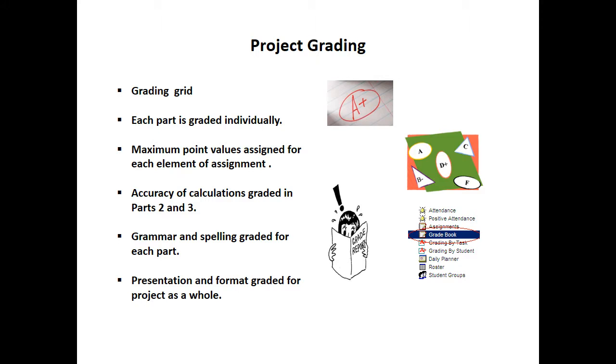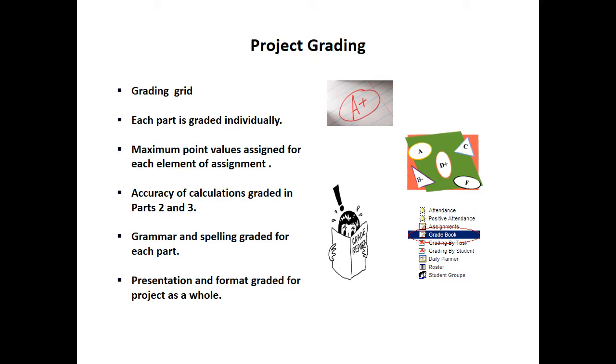For each component, there is a number in parentheses. That is the maximum points you can get for each part. To give an example, what type of stock does your company issue? This is part 4. That is 1 point. If you don't answer that, of course, you will get no credit, or a 0, for that.